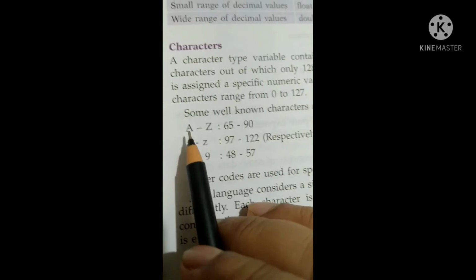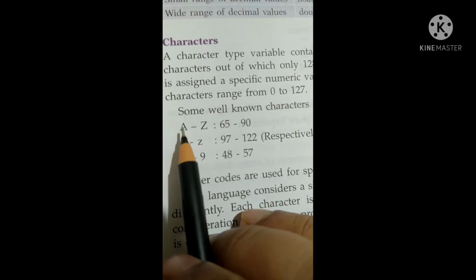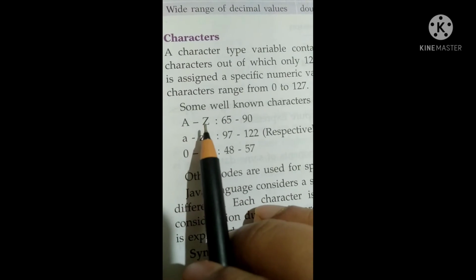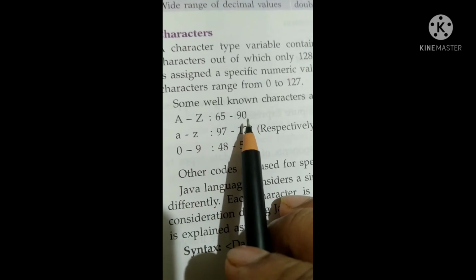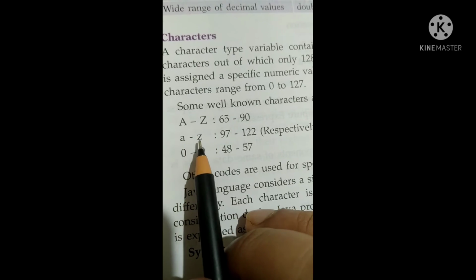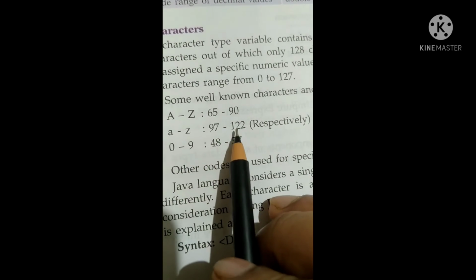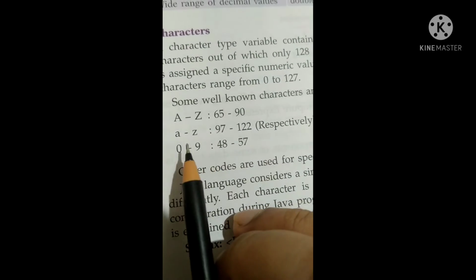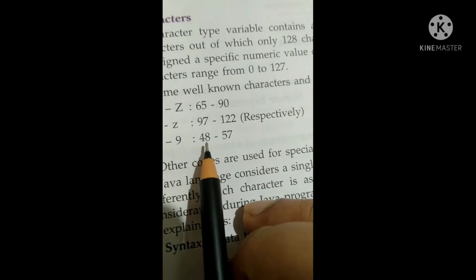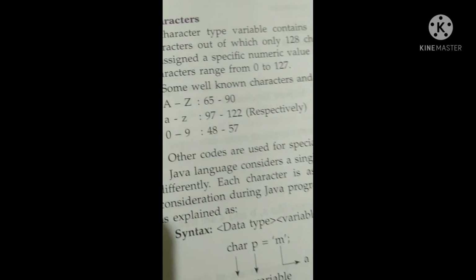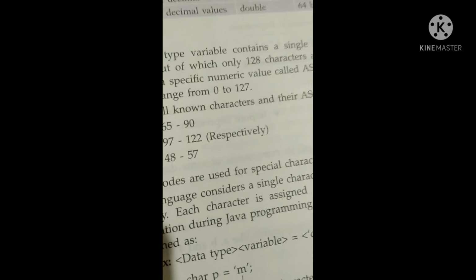If you take capital A to capital Z, then it is 65 to 90, small a to small z, 97 to 122 respectively, 0 to 9 is 48 to 57, like that. Total 256 numbers are there.